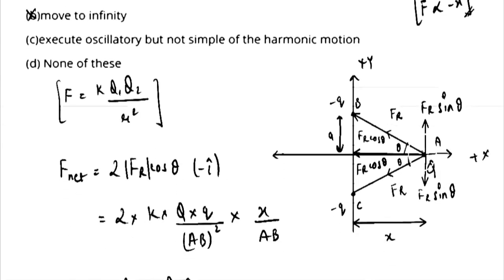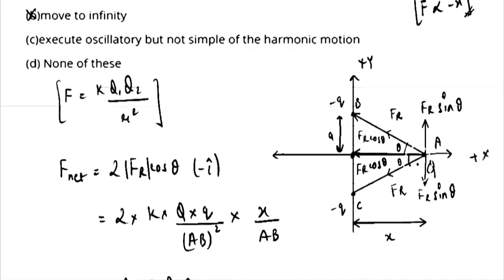See, this plus q charge would be moving towards the origin. So when the charge plus q reaches the origin, the net force on the charge q will be 0, because minus q and minus q both will be exerting the same force in opposite directions. So it will cancel out and net force becomes 0 at the origin.